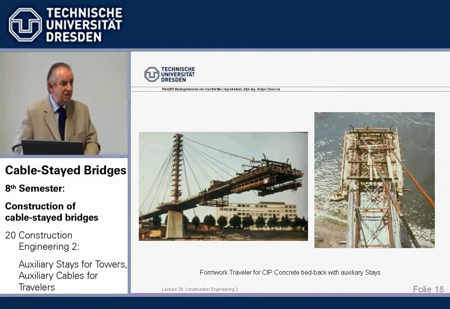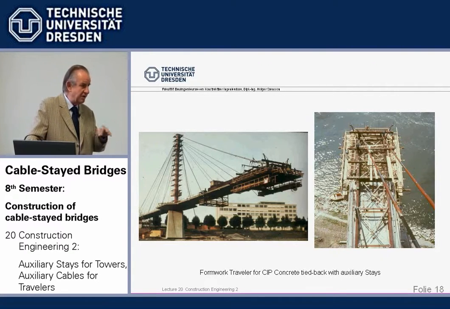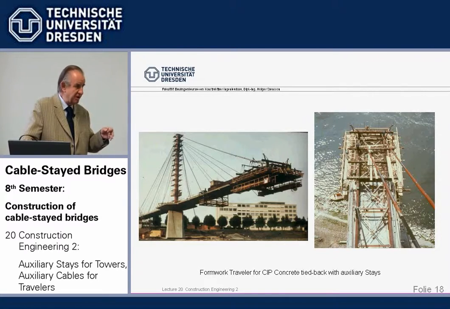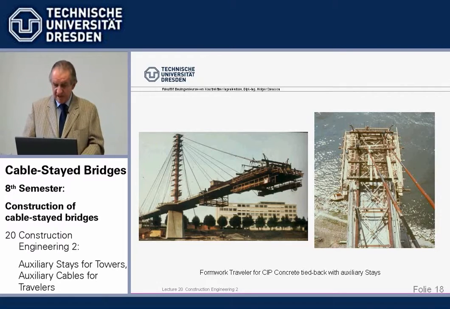Now we come to cast-in-place concrete beams. Until now I've shown precast elements for clarity. They are heavy, and you can understand it very easily. Now when we have a cast-in-place beam, then we cantilever from one permanent stay cable to the other.